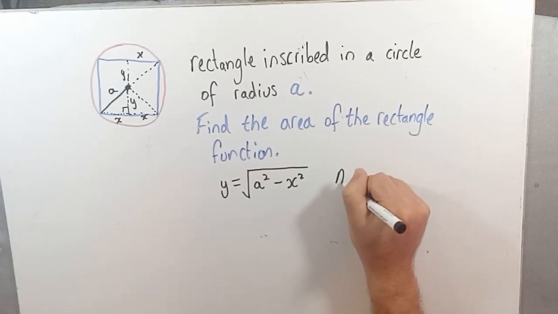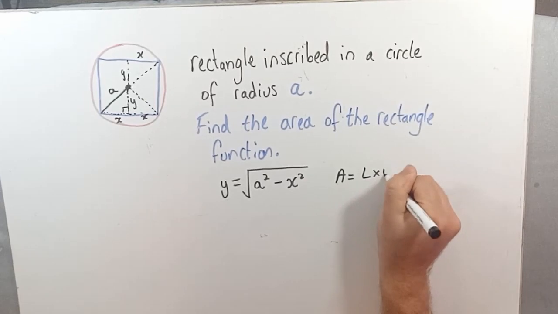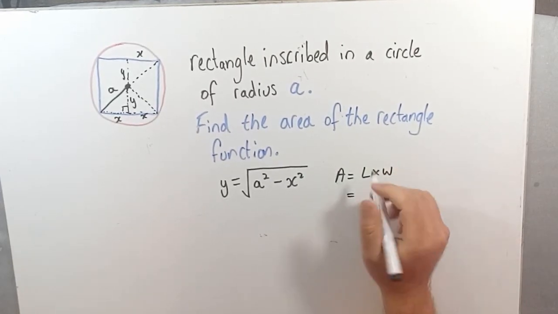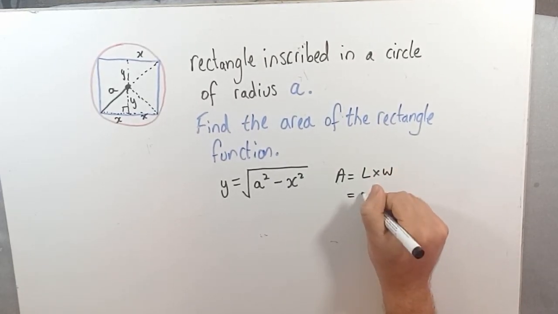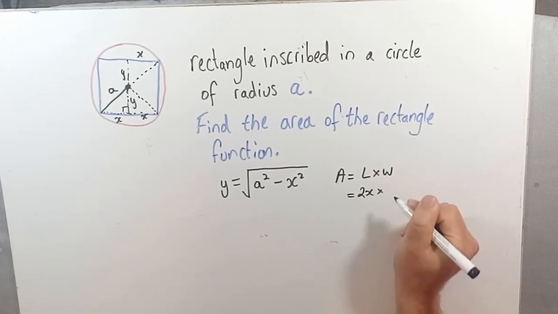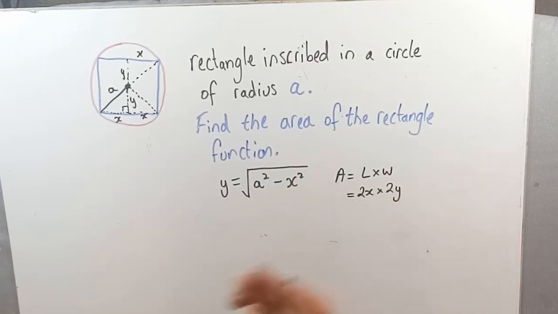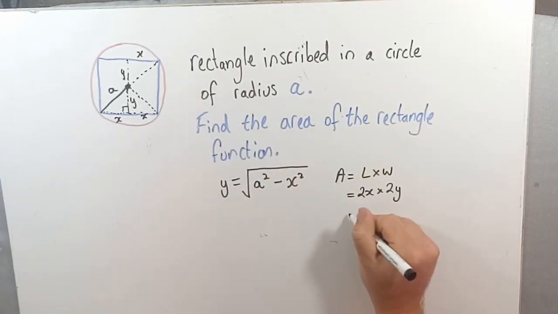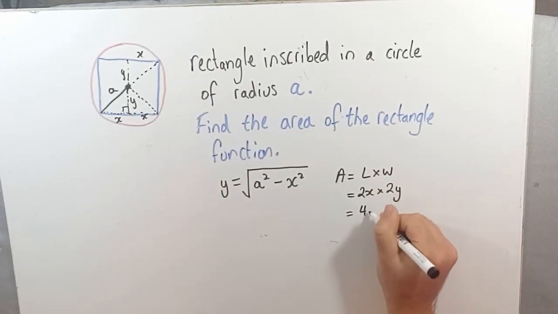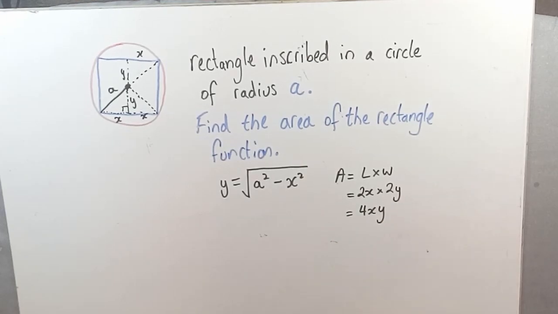So the area of our rectangle is length times width. So our length is 2x times our width, 2y, or whichever way you want to call it, doesn't really matter. So I get 2 times 2 is 4, 4xy.